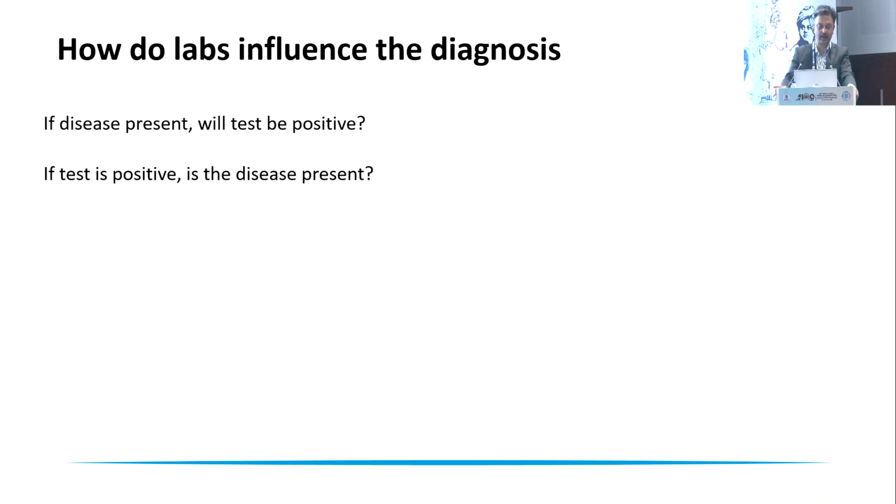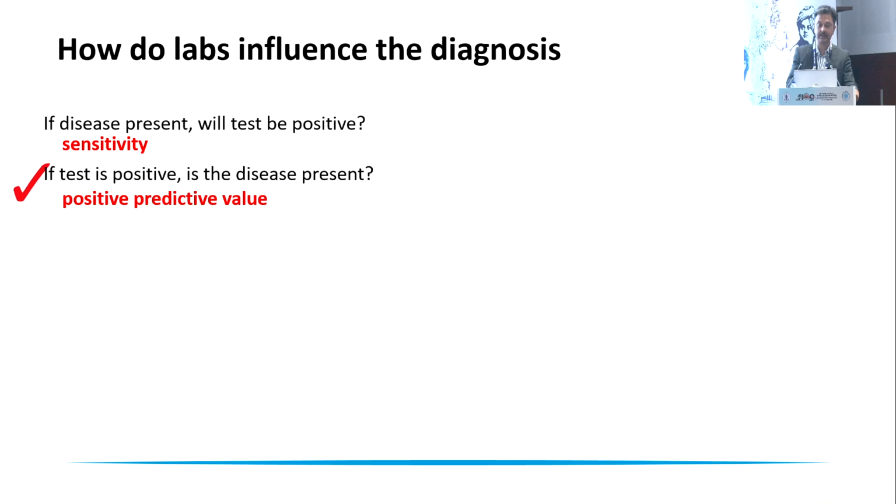Because the patient is coming to you not with a diagnosis, but with lab reports. And with those lab reports, you want to know if the disease is present or not. So this concept of what will tell you if the disease is present or not, if the test is positive, is called the positive predictive value.